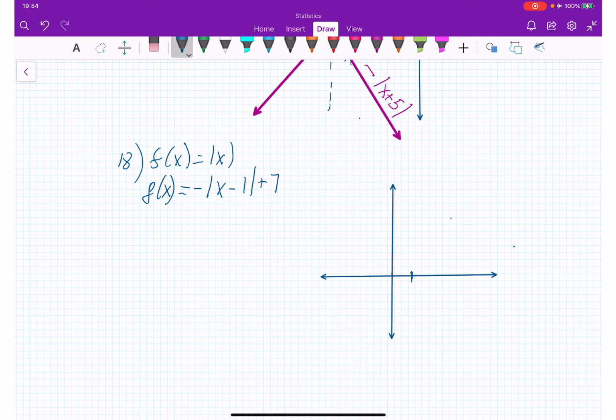And we have plus 7, okay. 1, 2, 3, 4, 5, 6, 7. Right here, 7.